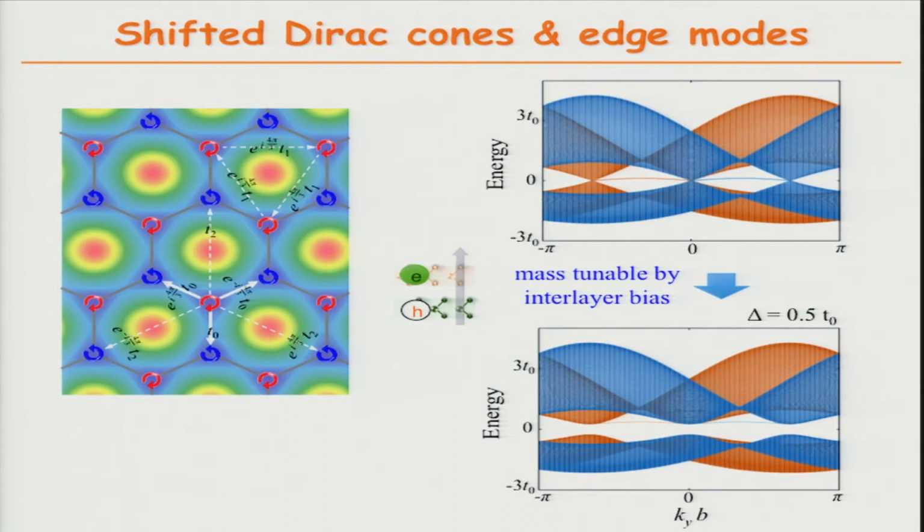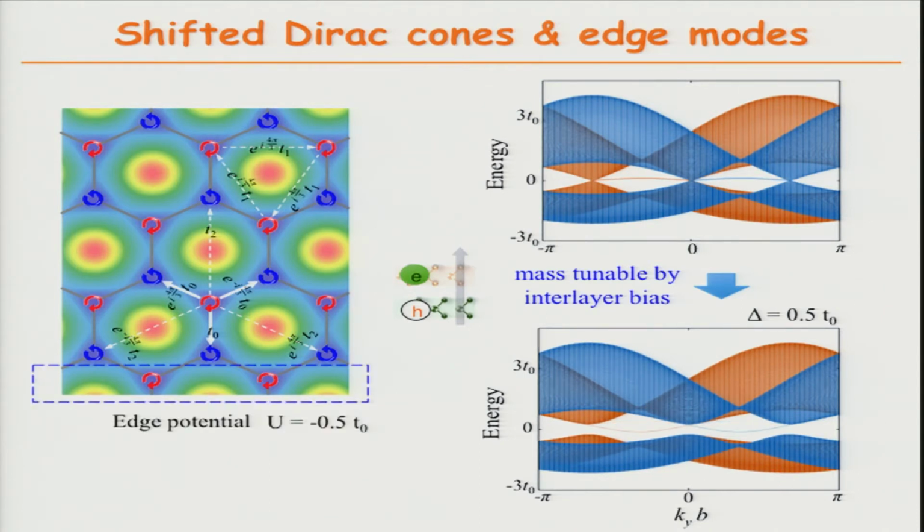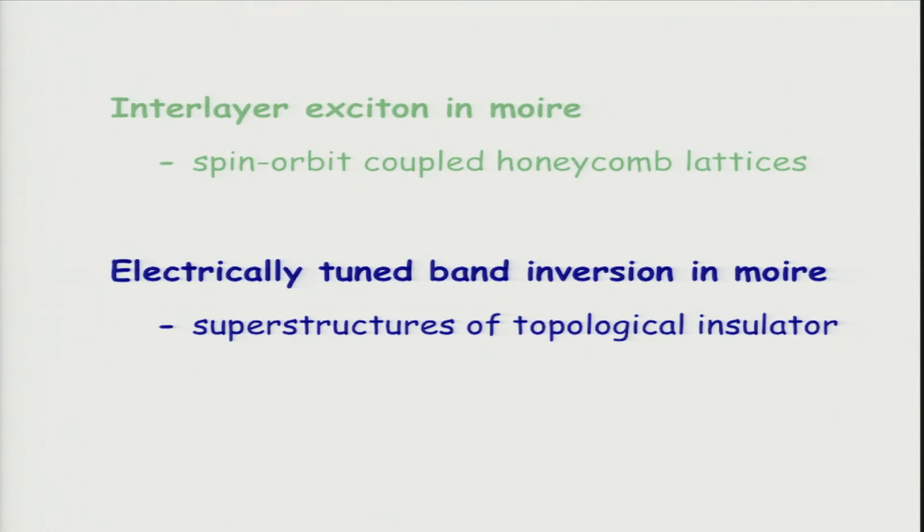And then this edge channel can be separately tuned by a potential that is localized on the edge from the flat one eventually to a gapless one that looks to be chiral in this gap. So that's what you would expect for excitons in the Moiré pattern.